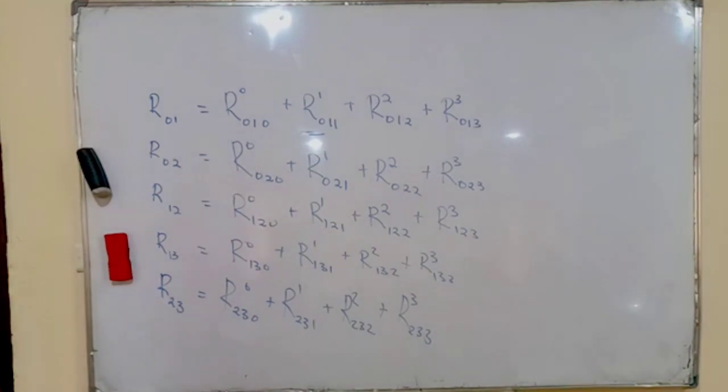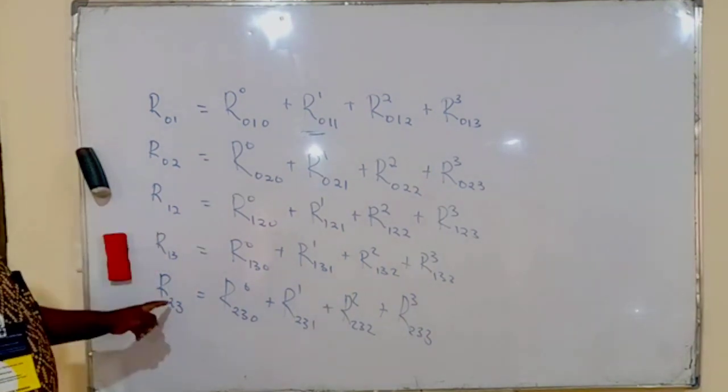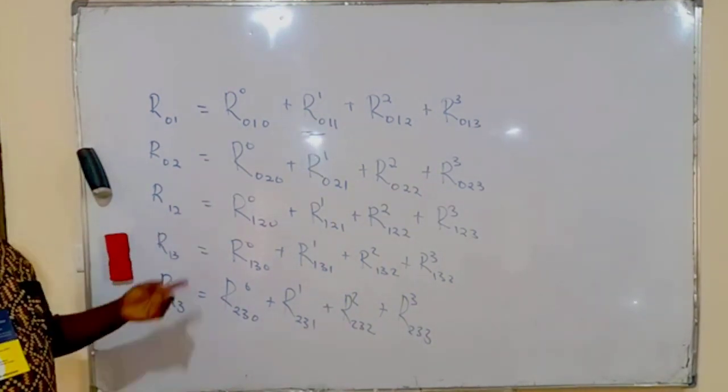R3233 is also missing. So we are sure. We are sure. Okay? Because once this is 0, the other one will also be 0.